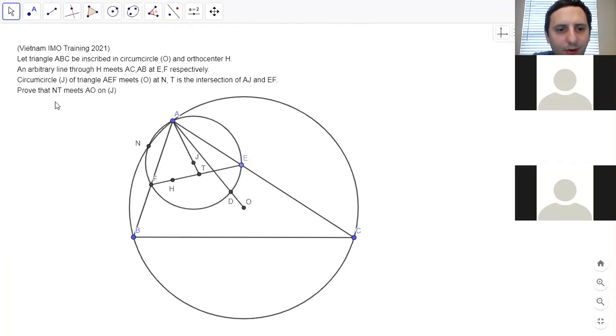This looks a little like Sharky Devil, but it's not really.